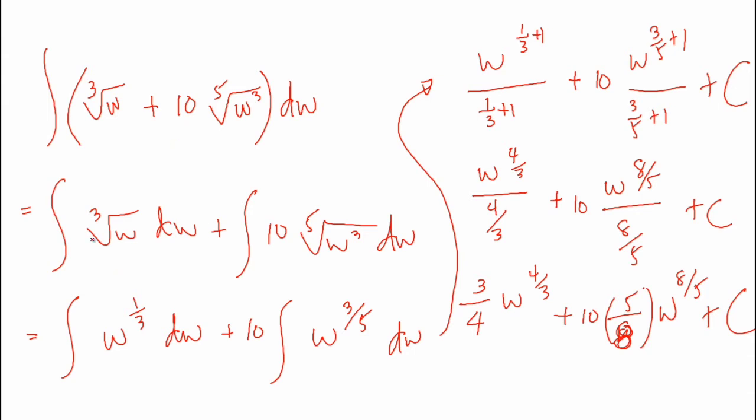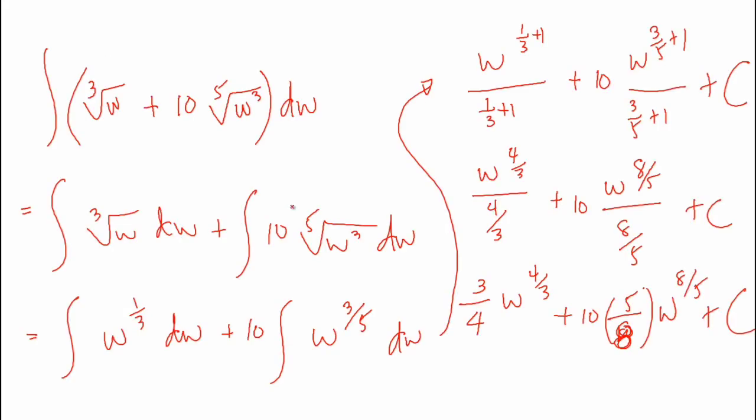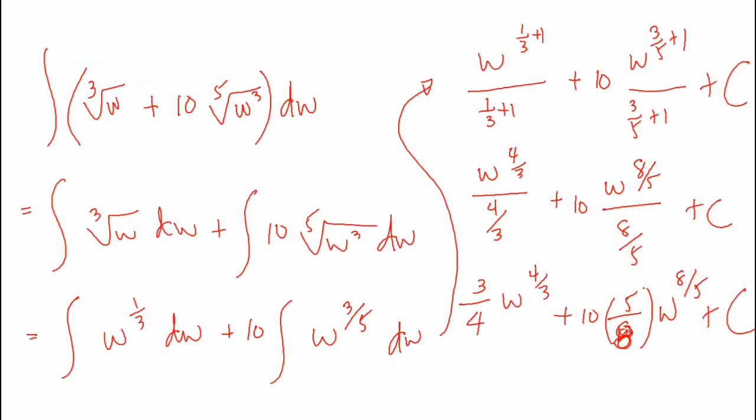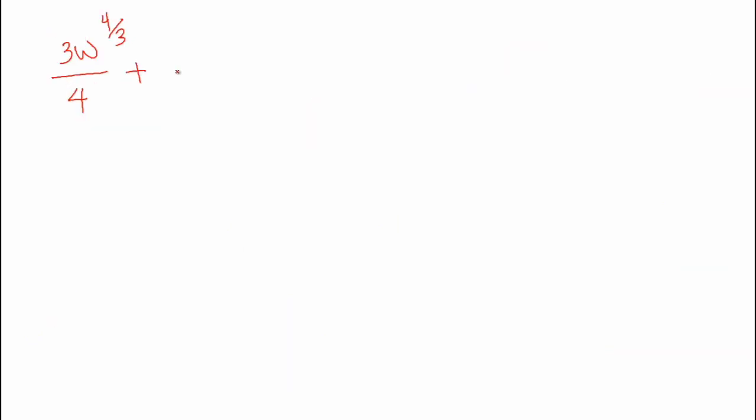So let's go to the next page. You can rewrite that as 3w to the 4/3 over 4, plus we multiply 10 times 5, that's 50. And what is 50 divided by 8? 50 divided by 8 in fraction is 25 over 4.